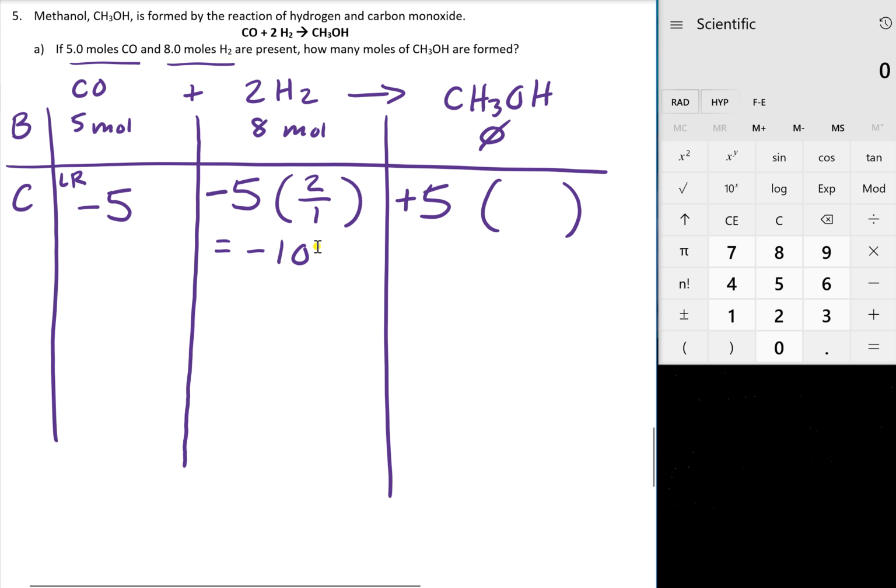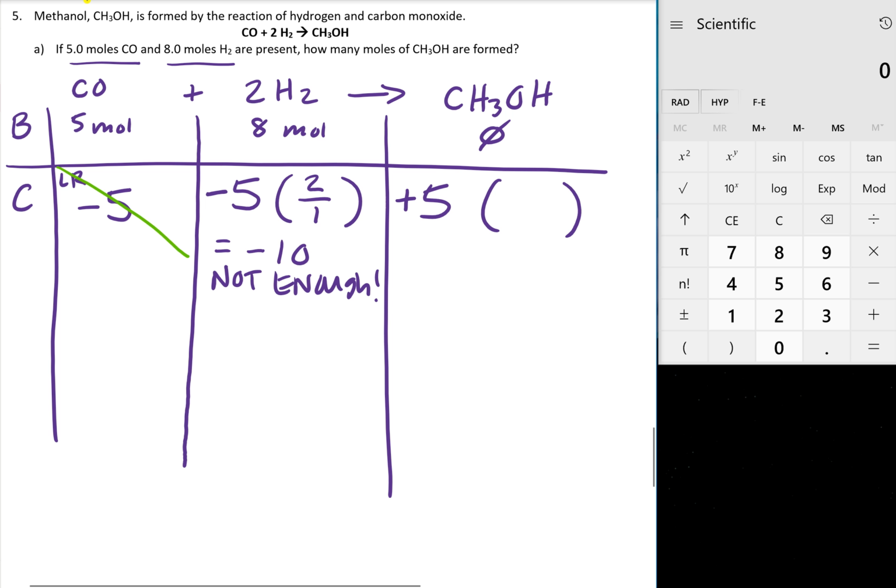So in this case, we don't have enough hydrogen here. This is not possible to do. We can't use 10 moles of hydrogen when there's only 8 moles to begin with. So right away, I see this is a problem. I can't continue on with my BCA table in this manner, meaning I can't continue using that carbon monoxide as a limiting reactant. This is no go.